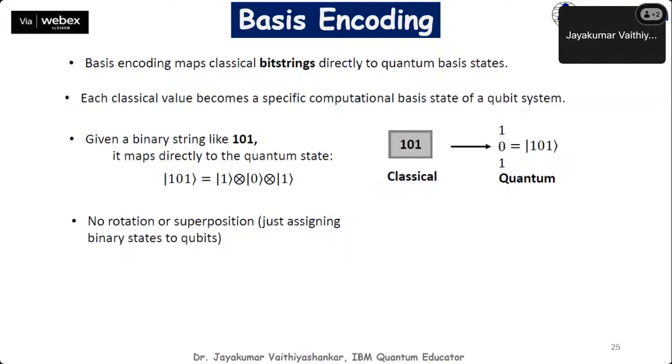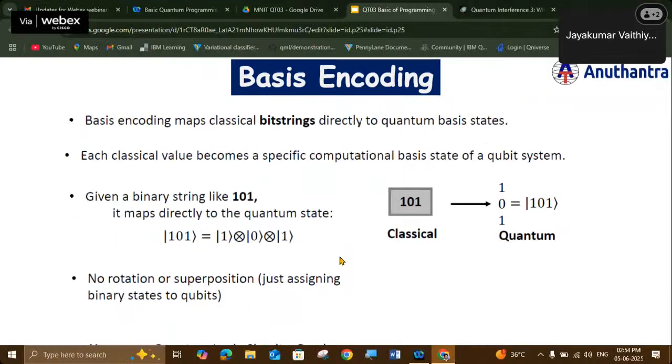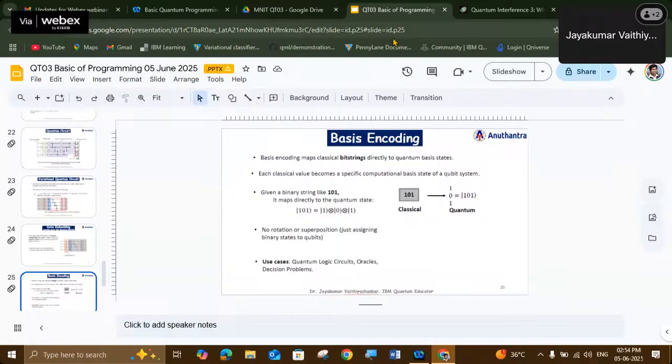So sometimes without doing any quantum gate operation, we can embed your data. For use cases, you can create quantum logic circuits. If you want to design an oracle, or do a decision problem, we can use binary encoding or data encoding. We will have some coding example for this.